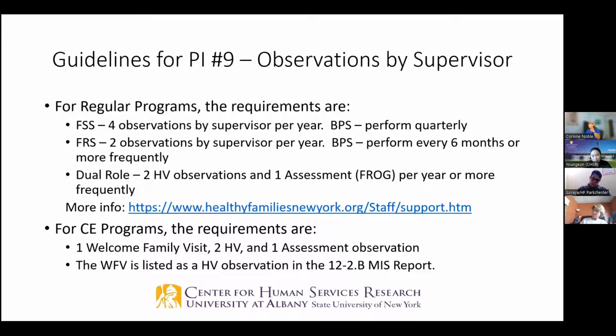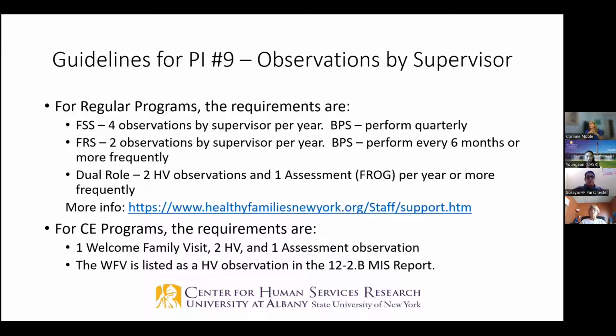So in the Healthy Families New York website, where I put the link there, under the QA/TA and FAQ tabs, you have HFNY's forms to conduct those observations. And the guidelines of what is needed is, you need 4 observations by supervisor for the FSS.